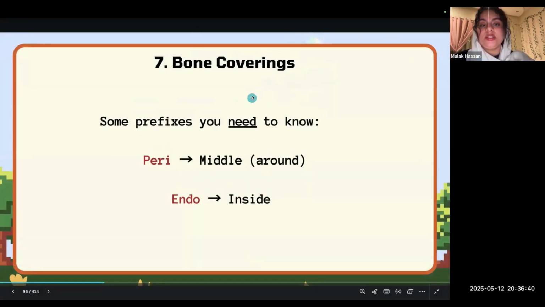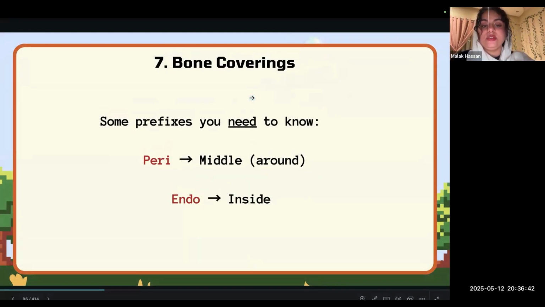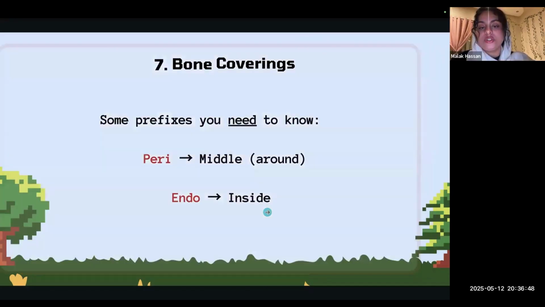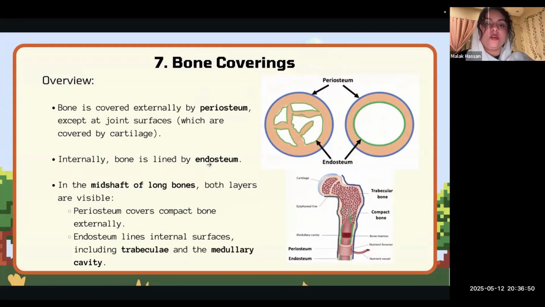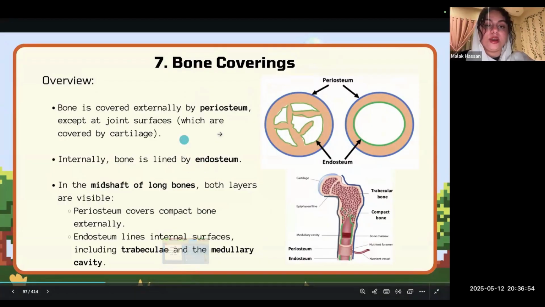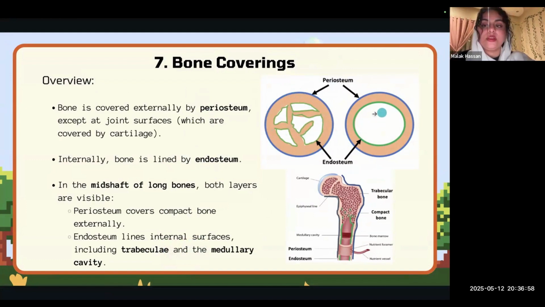Now, what are the bone coverings? There are some prefixes that you need to know. You have peri, which means around, and endo, which means inside, which we discussed earlier. Now, bone is covered on the outside by one covering, and on the inside by another covering.